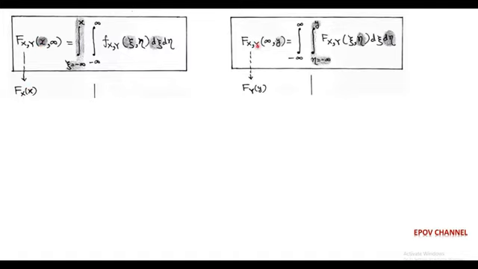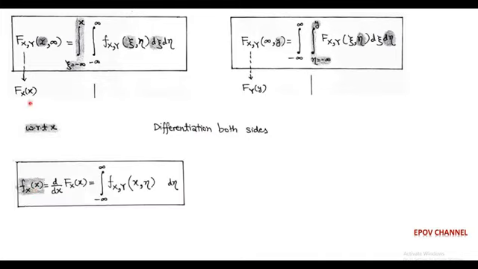Also capital F function infinite comma y as capital F function y. Now in the case of capital F function x we differentiate both sides with respect to small x. So it becomes d upon dx of F function x and the integration with respect to x cancels out and we get an infinite range of variable y.